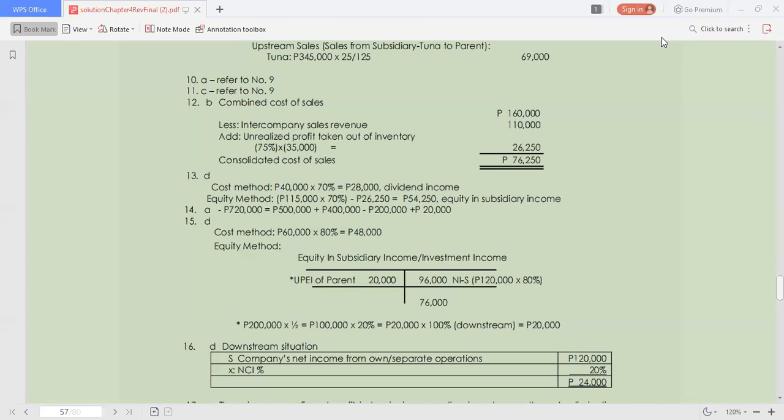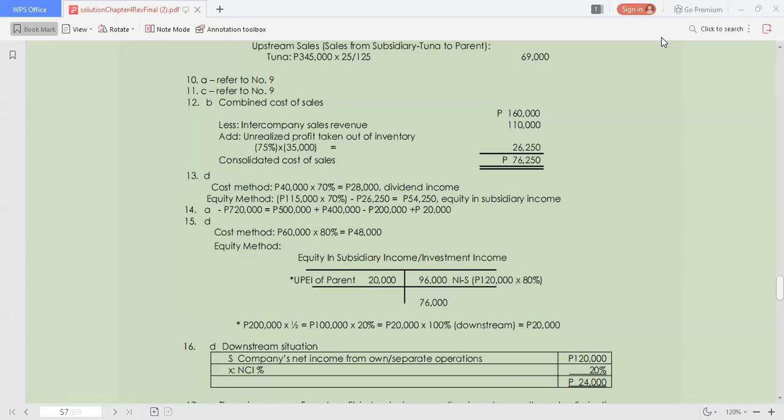Now the requirement for number 13: DAC's investment income for 20X5, assuming dividends paid by Weasel amounted to 40,000.